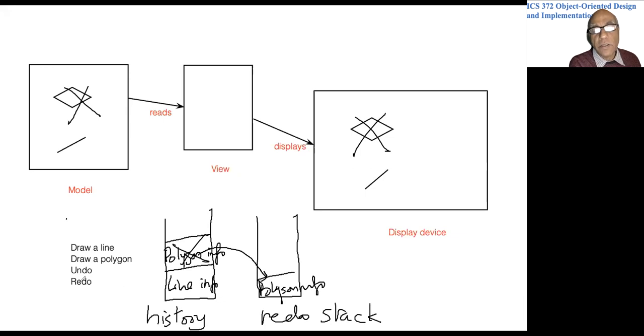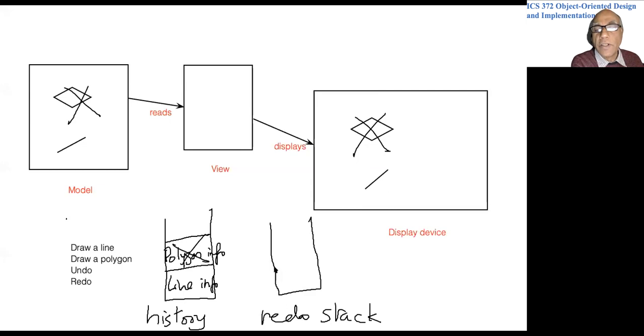Then if the user issues a redo, what we do is reverse these operations. We pop the redo stack and push it onto the history stack. So we pop the redo stack and put this polygon info back in here.